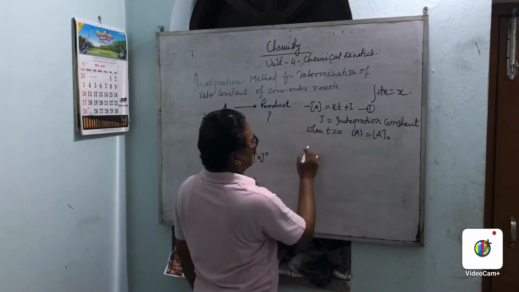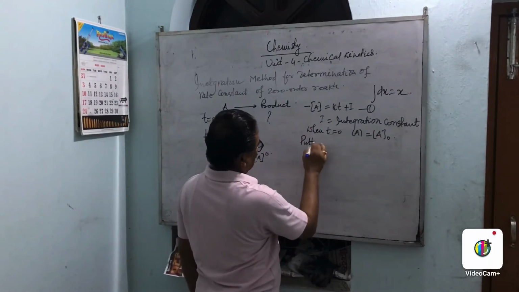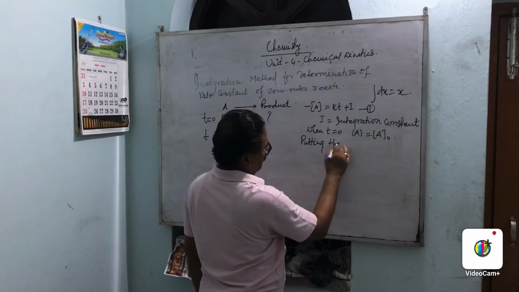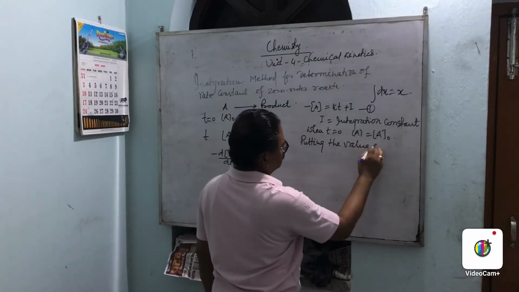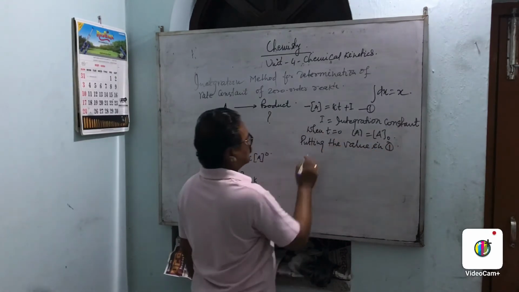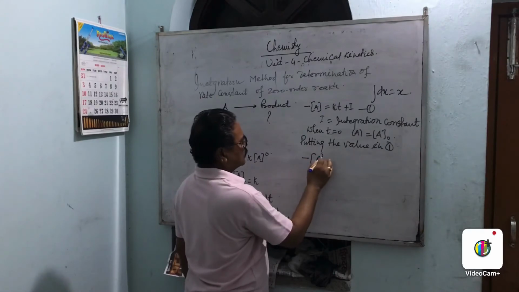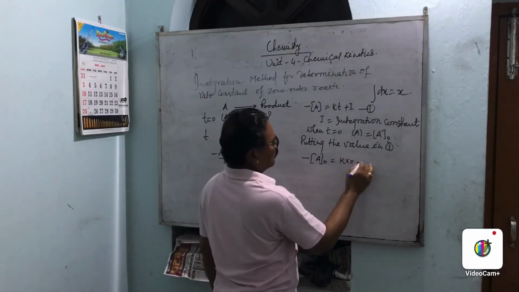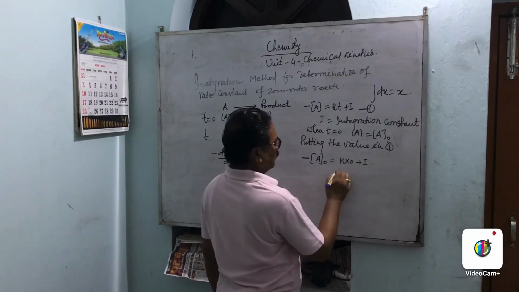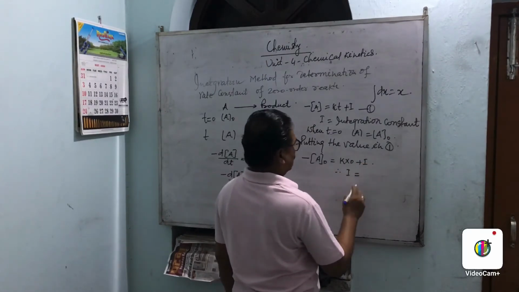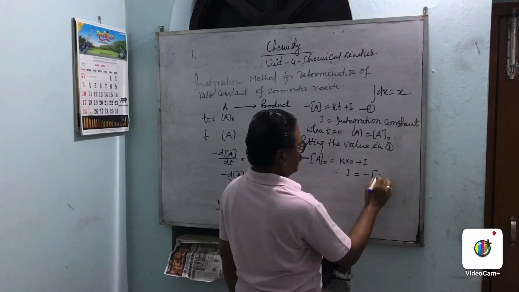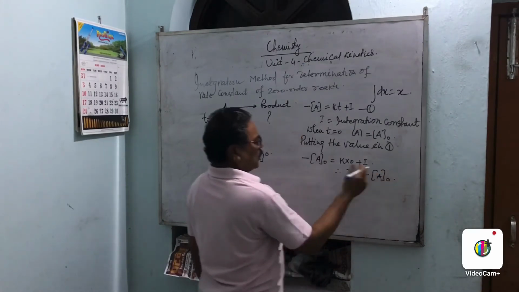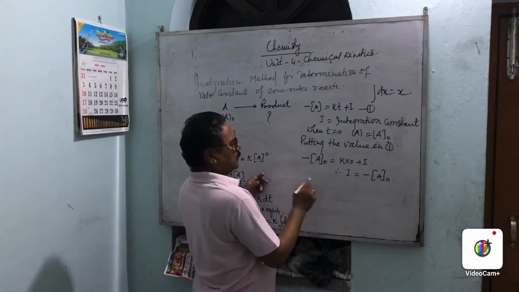So we put the value in equation 1: minus A naught equals k times 0 plus I. So we get the value of I, therefore I is equal to minus A naught. Put the value of I in equation 1.